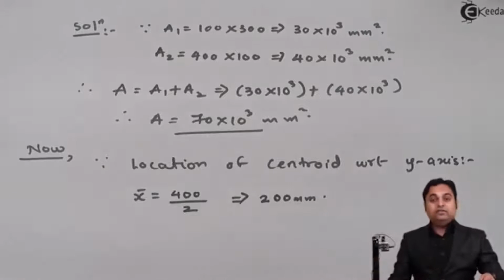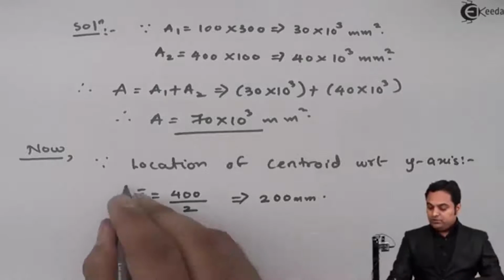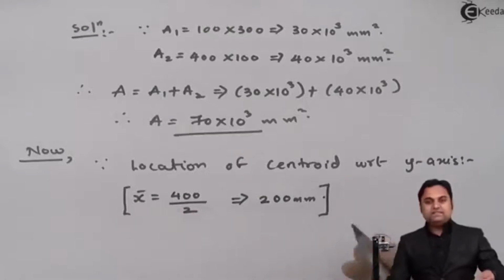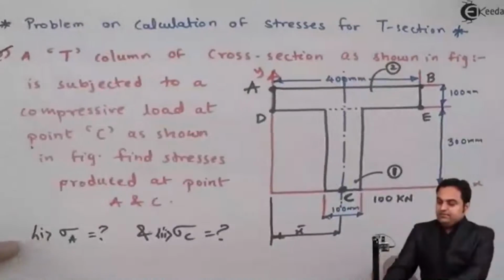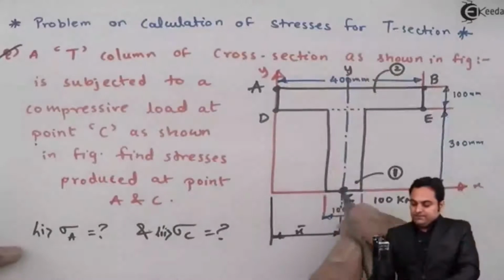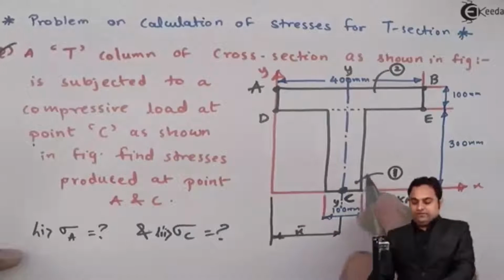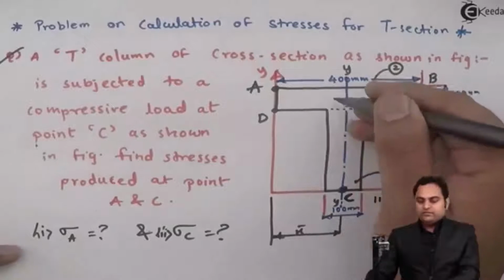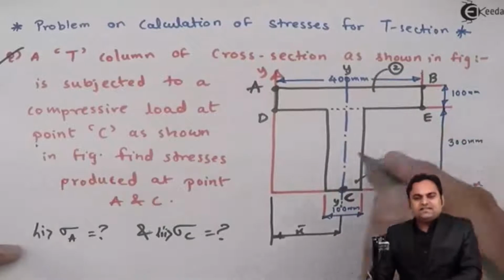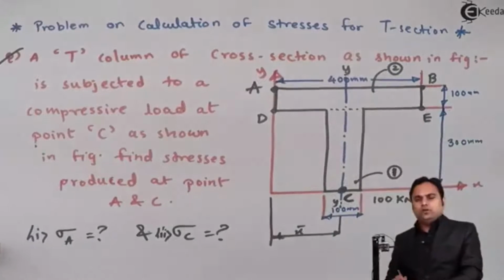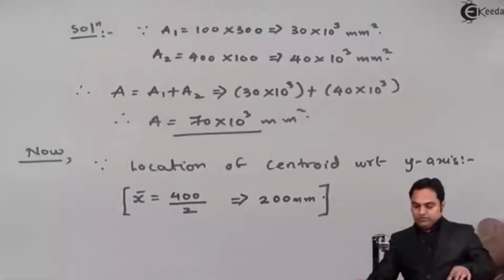Then I also have to calculate y bar, because since the T section is symmetric about the y-axis, the centroid will be on this y-axis, but at which distance we don't know, and for that we require y bar.